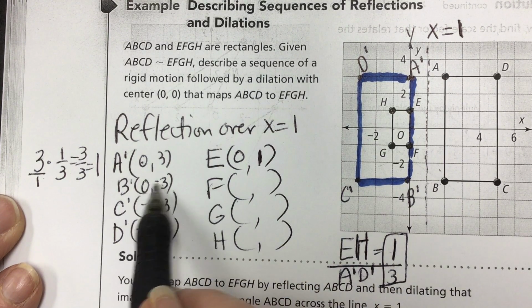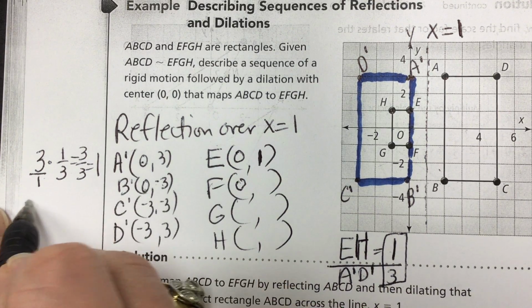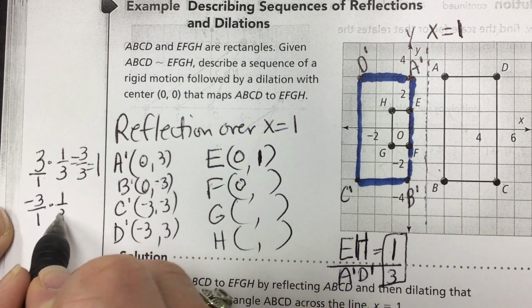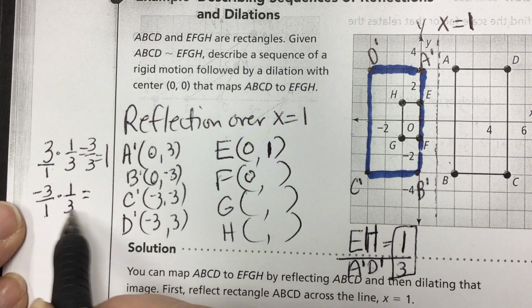Multiply each one of these times 1/3. 0 times 1/3 is 0. Now what's negative 3 over 1 times 1/3? Multiply straight across.